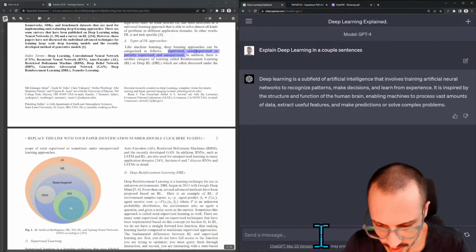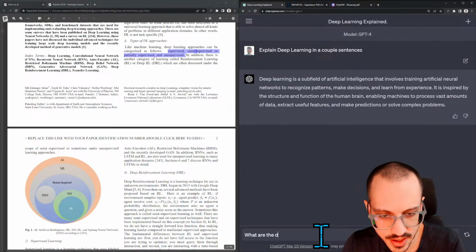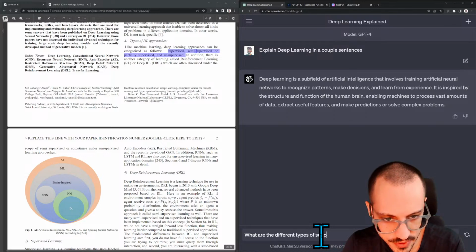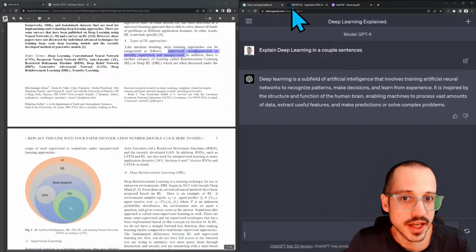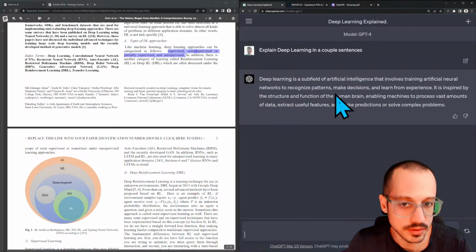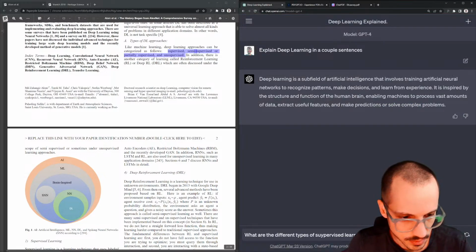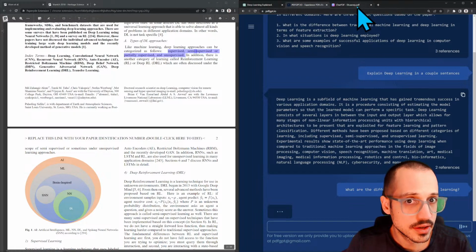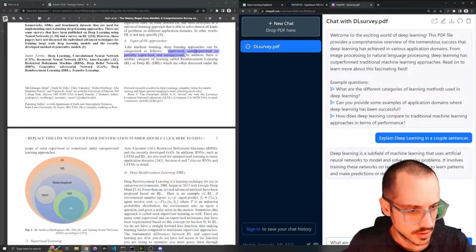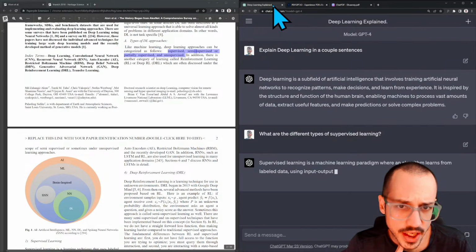So let's see. What are the different types of supervised learning? Let's see what that has to answer. Oh, we gotta send it. Okay.